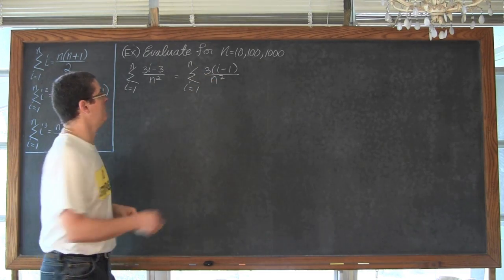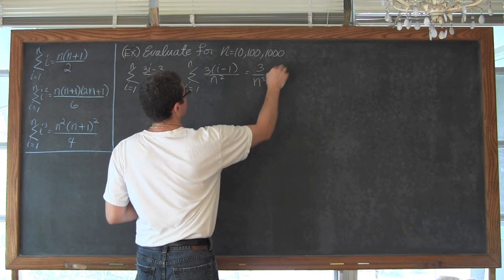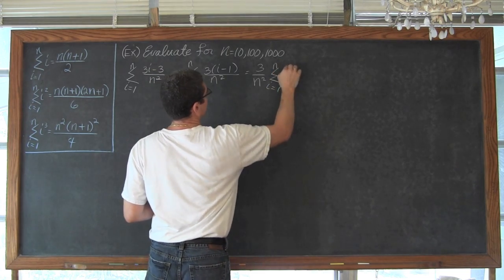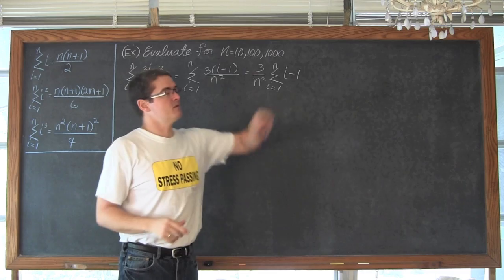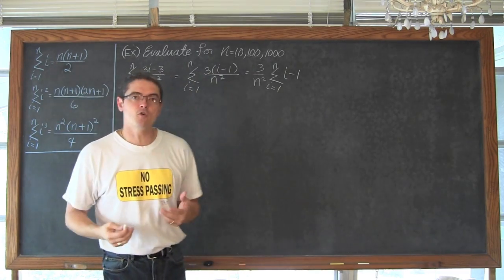So we're going to pull that out front and write this as 3 over n squared times the summation as i starts from 1 and goes to n of i minus 1. Okay, so now within my summation notation, I have i minus 1. That's not quite what I have here in these three formulas.